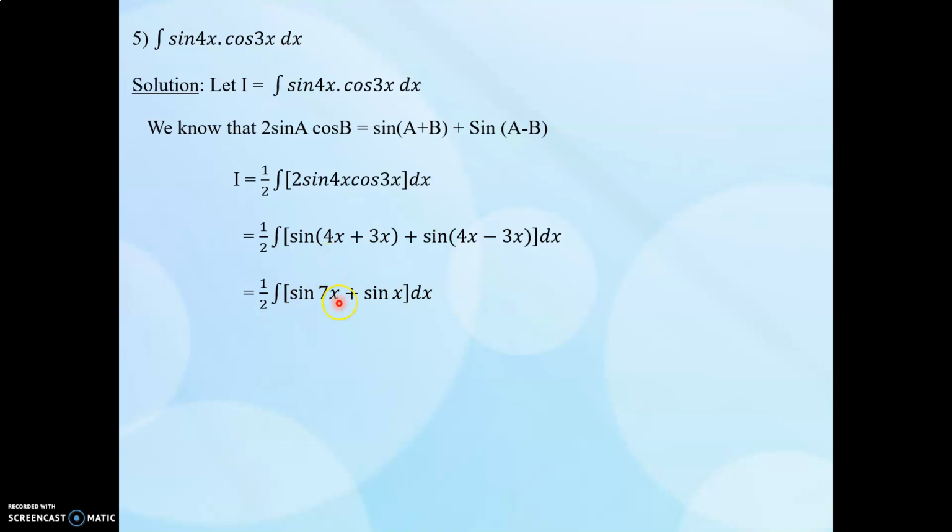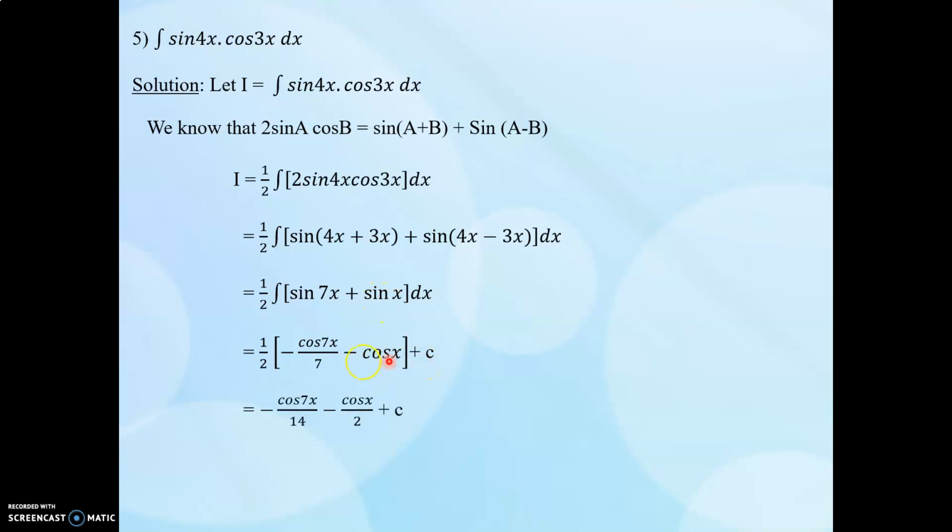Now I can integrate. 1 upon 2 is a constant, so I am taking the integral for both these terms together. Integral of sin 7x is minus cos 7x upon 7. This is sin of ax plus b format, so you have to divide with that coefficient also. And integral sin x is minus cos x plus c.